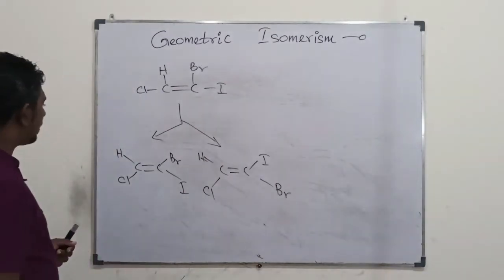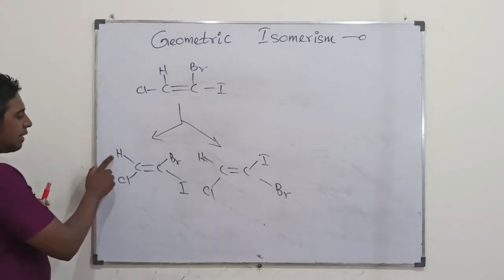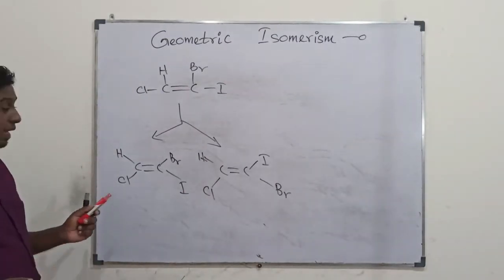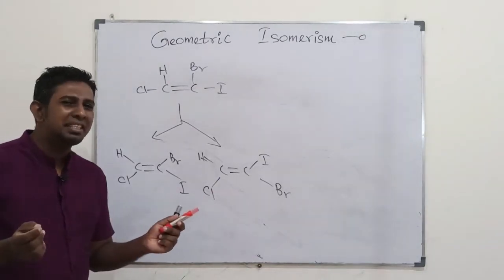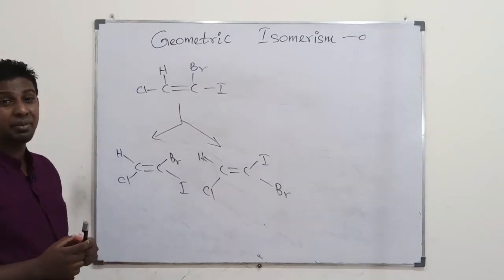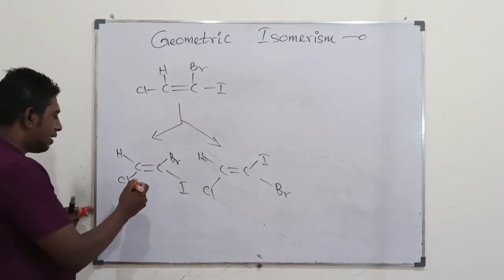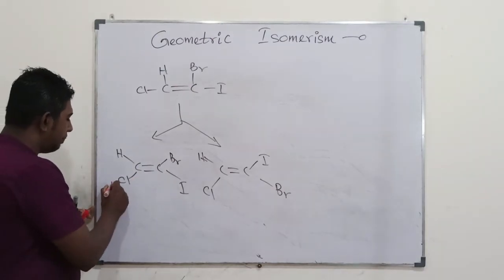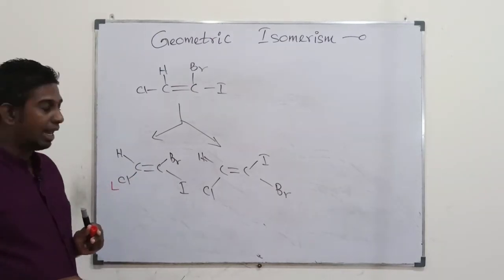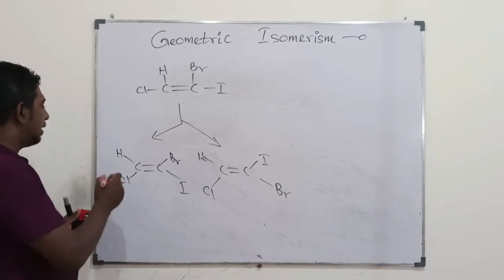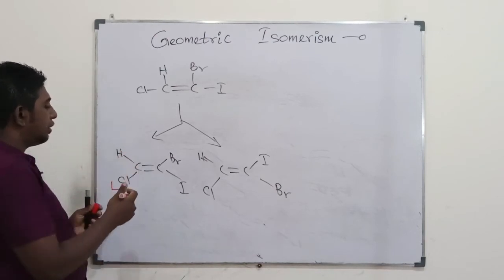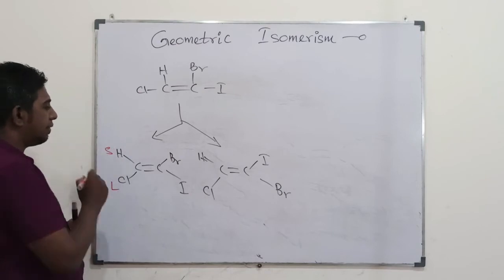So let me denote this. When you compare these two atoms, hydrogen and chlorine, which one carries the larger relative atomic mass? It's chlorine. It is the larger one in relative atomic mass. This is the smaller one.